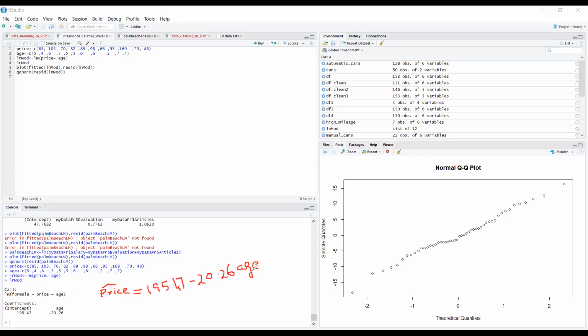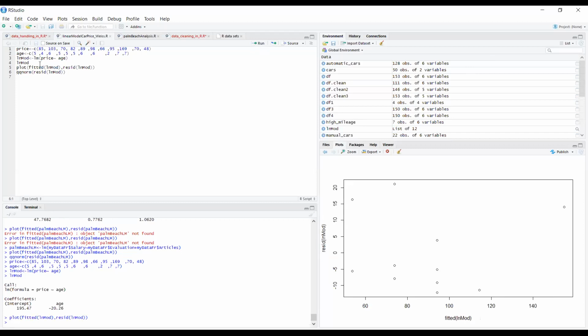Now you can check the accuracy of the model. The two lines are to be executed, which show the graph of error and the other outputs. The next line is the plot command, which gives fitted versus residual.